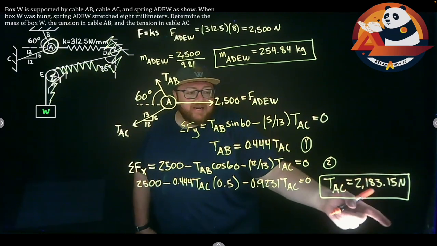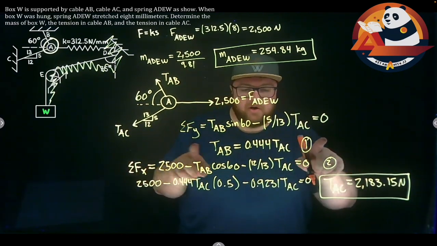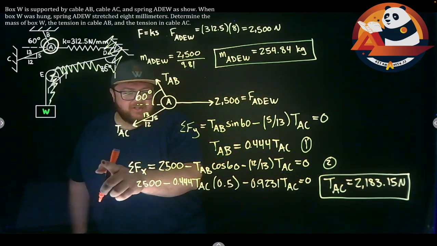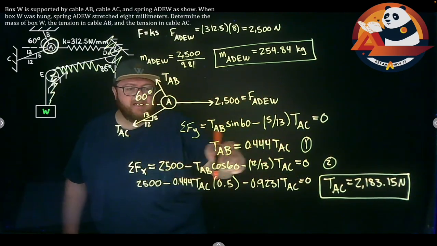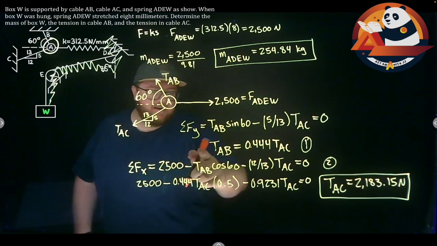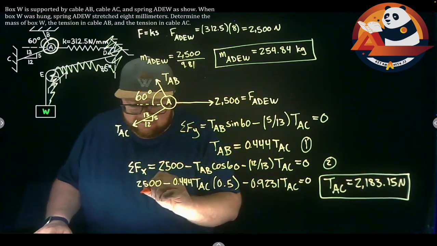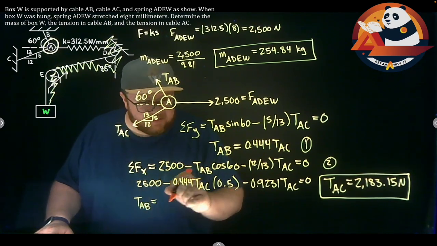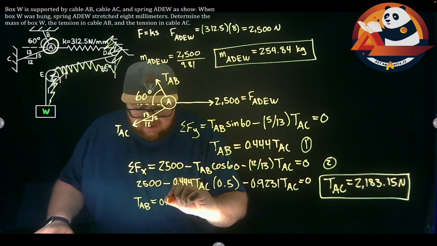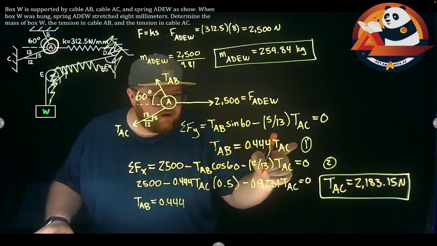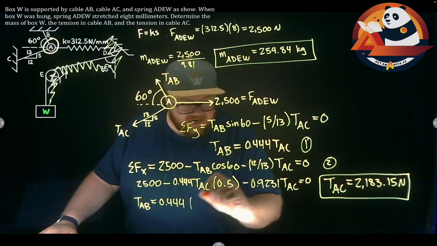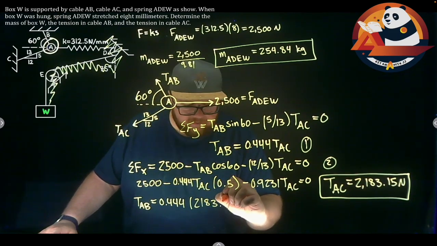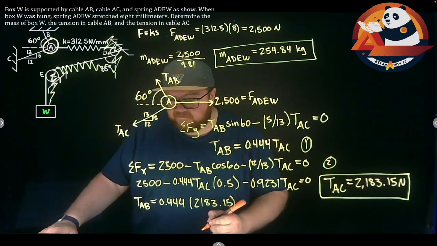With TAC known, I can substitute into either equation 2 or equation 1. Again, be smart with what we choose here. If I substitute in here, my equation is still kind of messy. If I substitute into equation 1, I pretty much immediately get TAB. This is going to be 0.444 times TAC, which we just found was 2183.15.